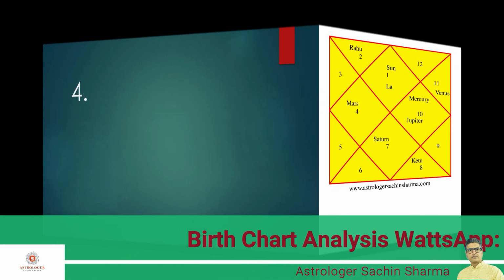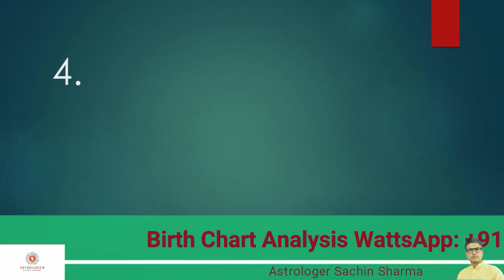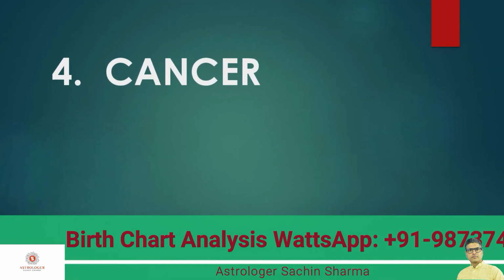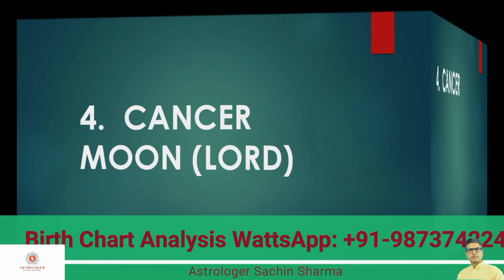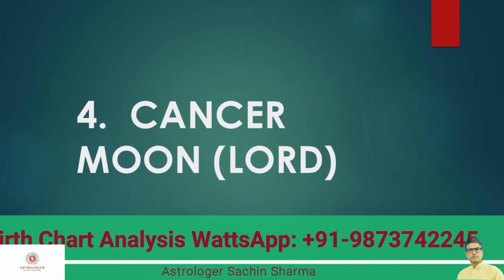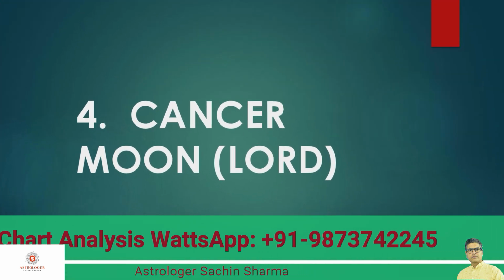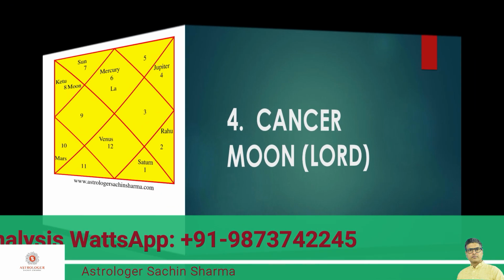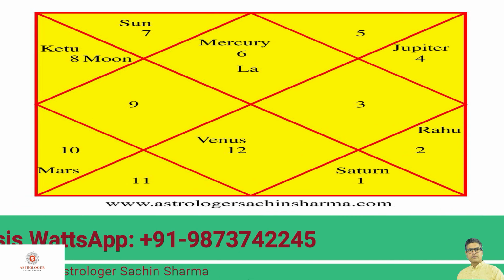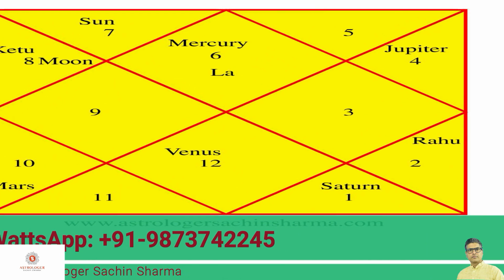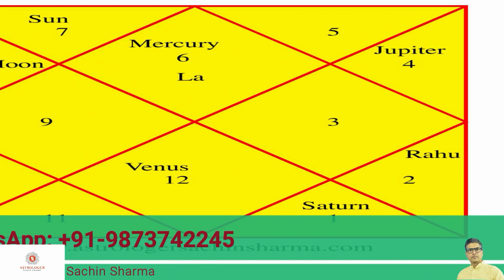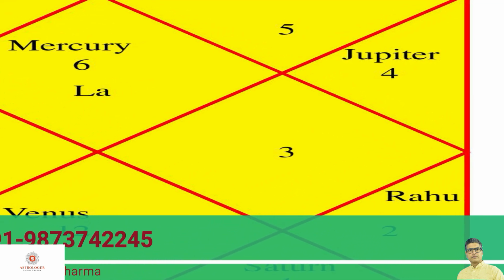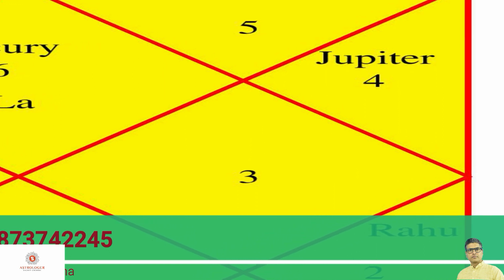If number 4 is written, that means it belongs to Cancer and lord of that house is Moon, as Cancer belongs to Moon. Let us understand this concept practically in a birth chart. Here we can see that number 4 is written in the 11th house of this birth chart and number 4 belongs to Cancer and lord of this house is Moon, as Cancer belongs to Moon.